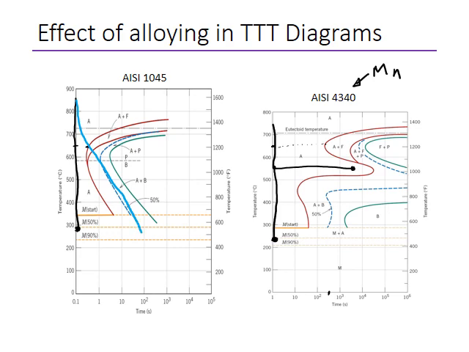So perhaps the center of your material will not have 100% martensite. It will have maybe 50% martensite and 50% a different material. So when you are alloying a material, you want to control the way it transforms.